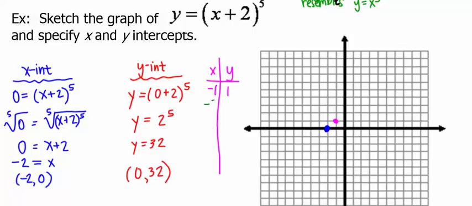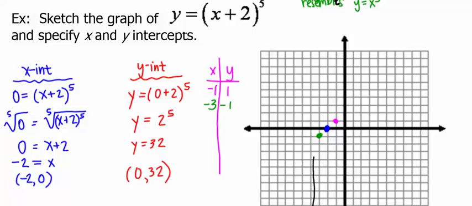If I put -3 in, because -2 already has an output of 0, -3 plus 2 is -1. -1 to the 5th power is -1. And I know that this graph is going to go through 0, 32. So this is going to be very challenging for me to graph.